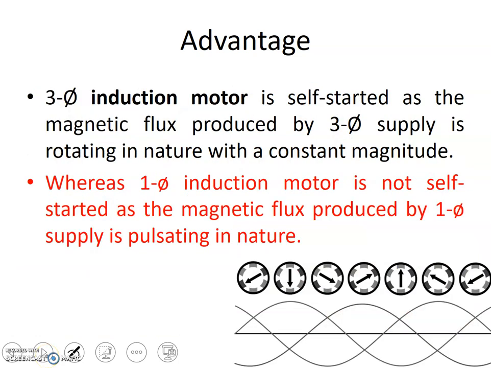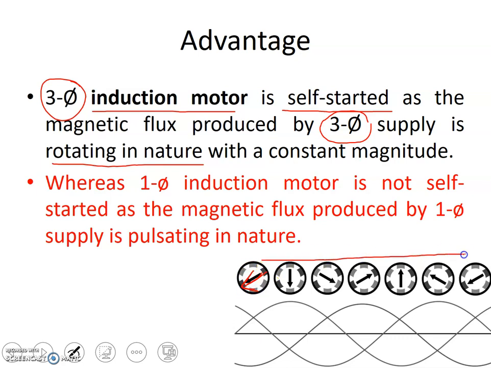Then talking about the induction motor, a three-phase induction motor is self-starting, as the magnetic field which is produced by the three-phase supply is rotating in nature. Okay, so this is the rotating magnetic field. It rotates and comes back to its original position in one complete cycle.